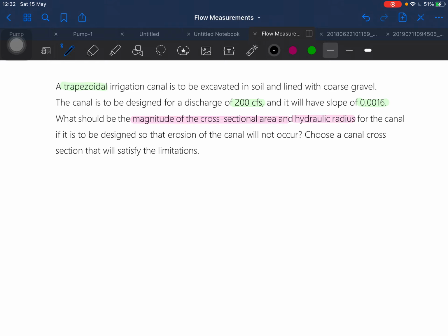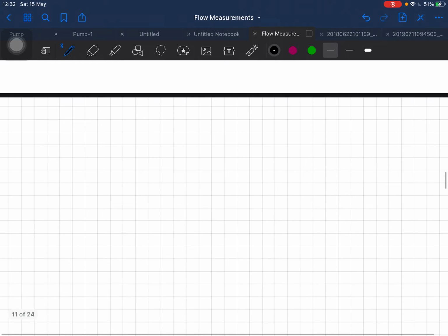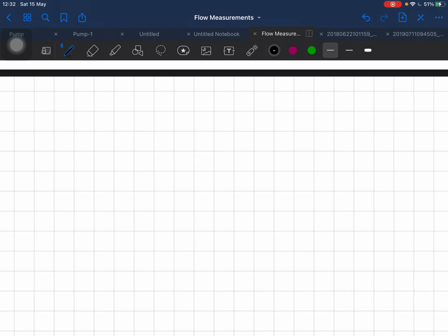Okay, so wait a second. So now we can see that we're going to use it again and again for the Manning's equation. You guys, please love Manning's equation very well. It's going to help you in many ways.